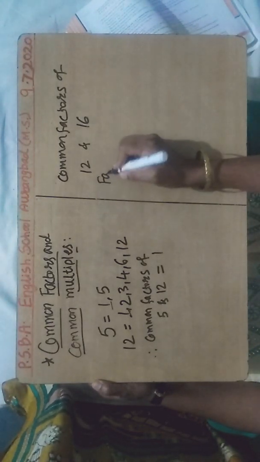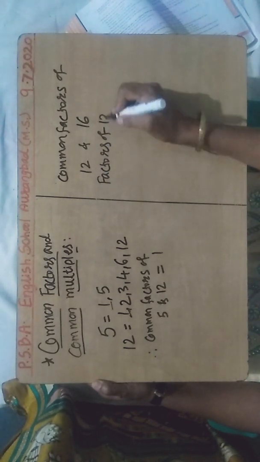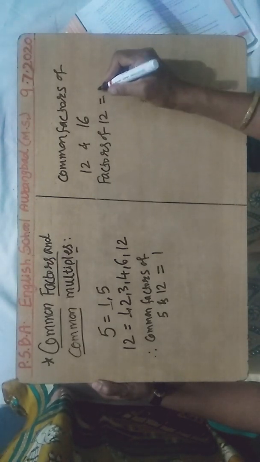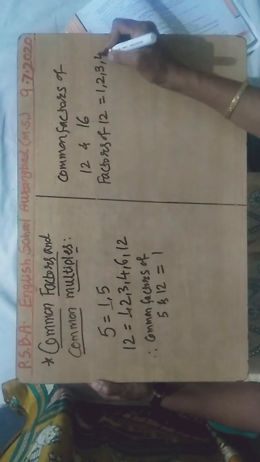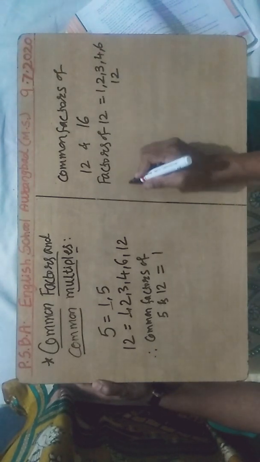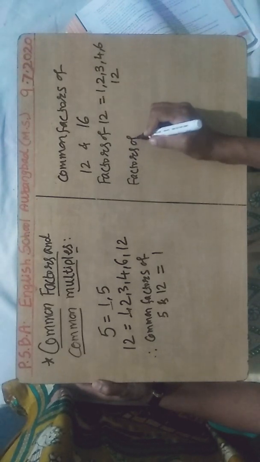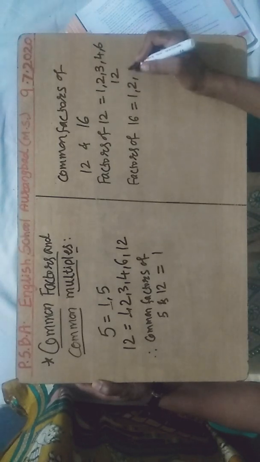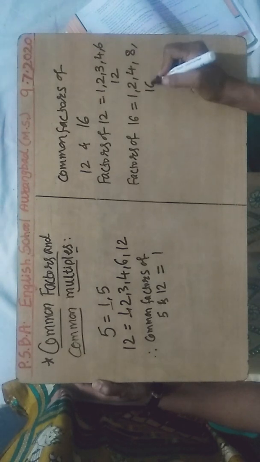Factors of 12 are, as we know, 1, 2, 3, 4, 6 and 12, right? Now factors of 16 are 1, 2, 4, 8 and 16.